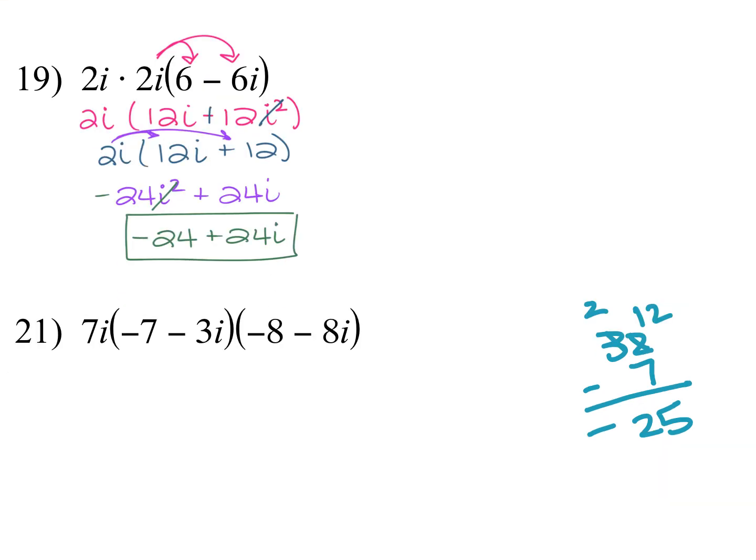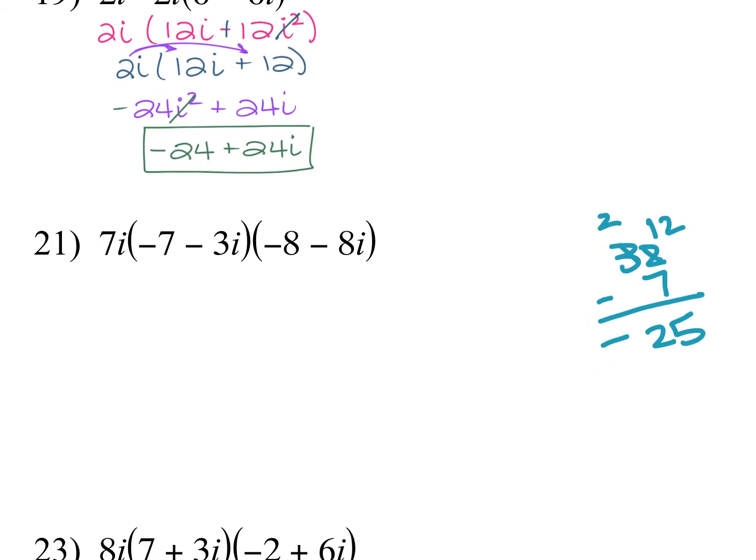For number 21, you have 7i times negative 7 minus 3i times negative 8 minus 8i. I'm going to FOIL those two binomials first, and then I'll distribute whatever I get from that with the 7i. So foiling those two binomials, the negative 7 times negative 8 is going to give us a positive 56.